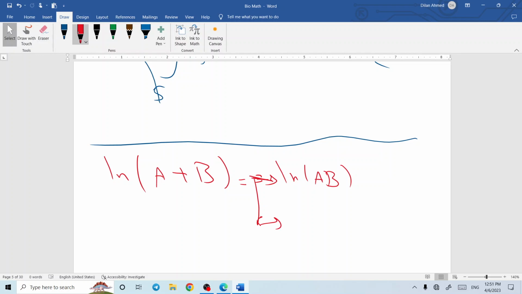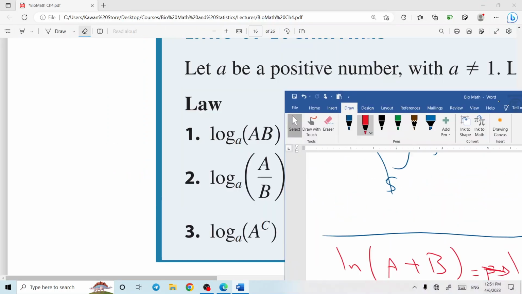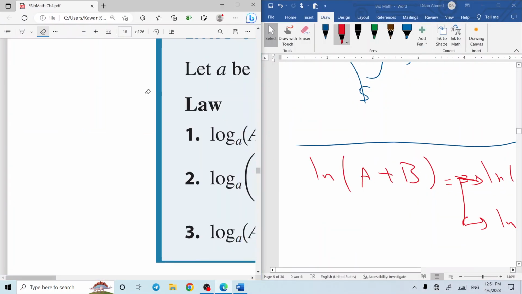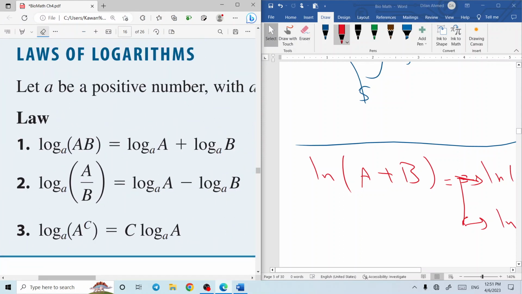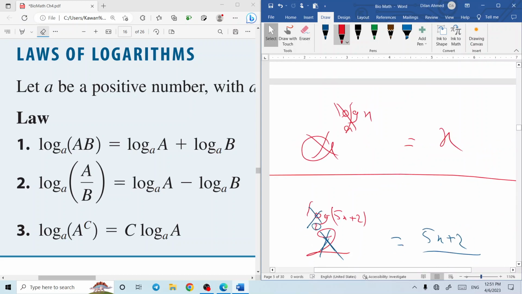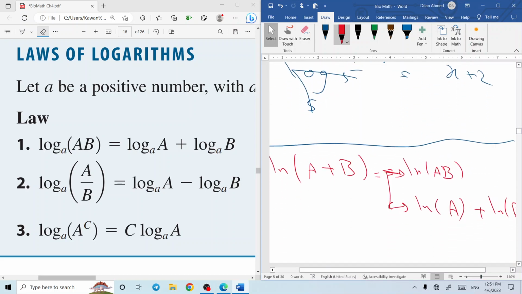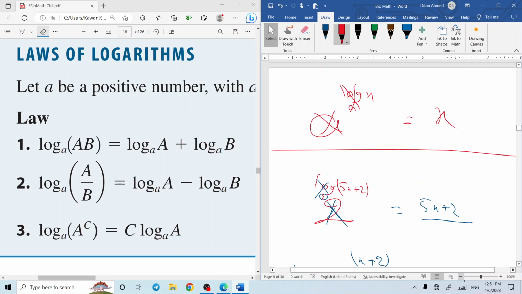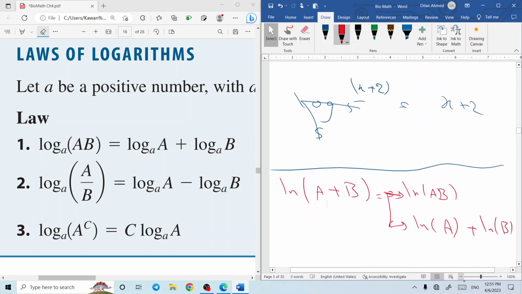Any other idea? ln A plus ln B. Okay. Where did you bring this rule from? Do you think we wrote something like that?